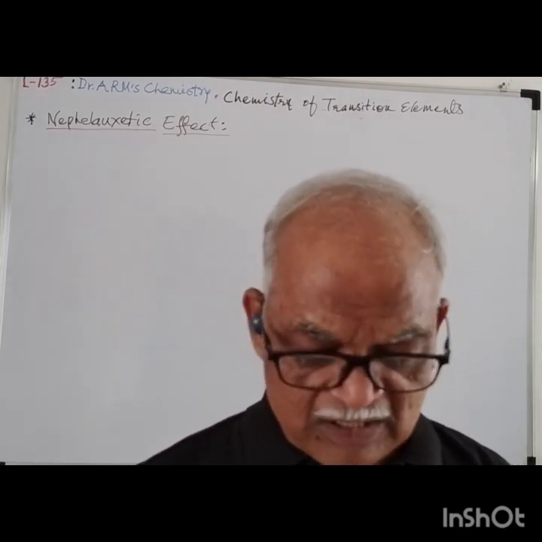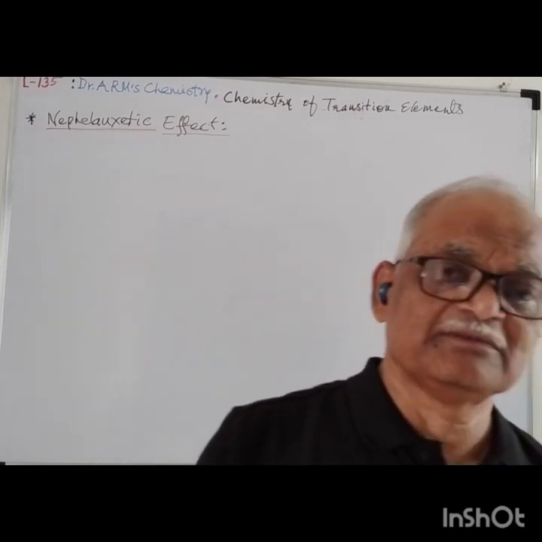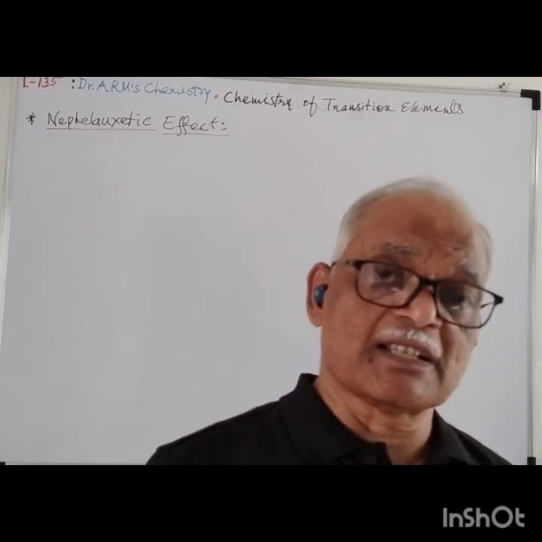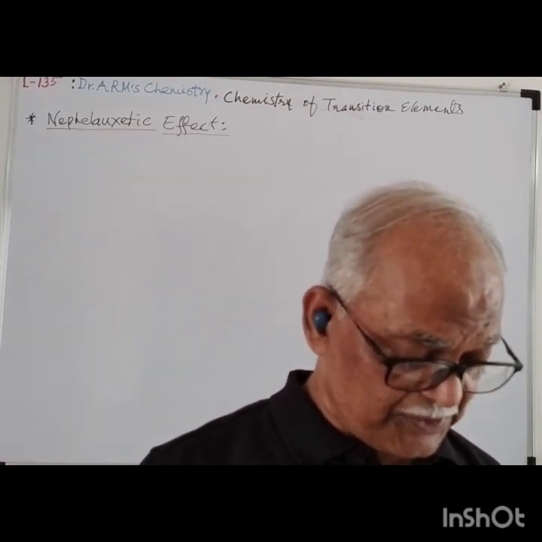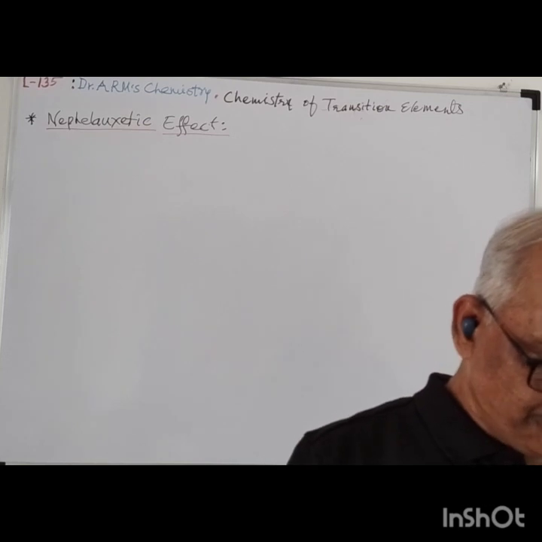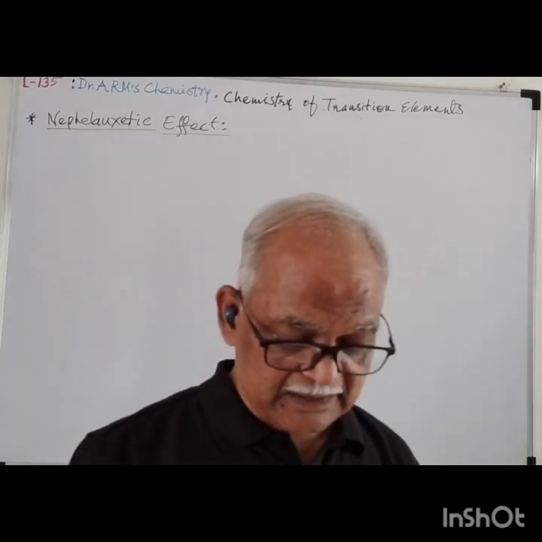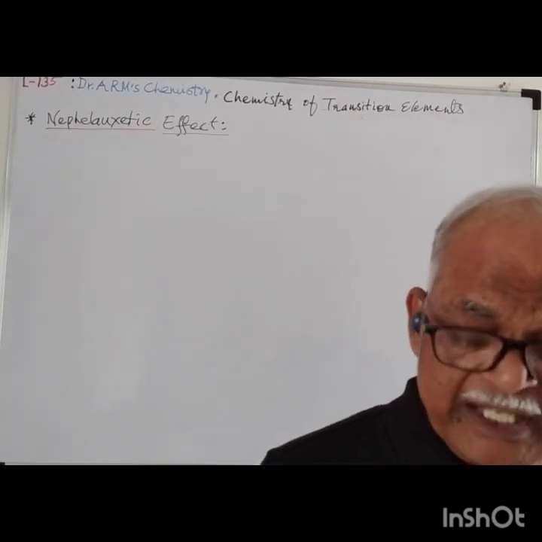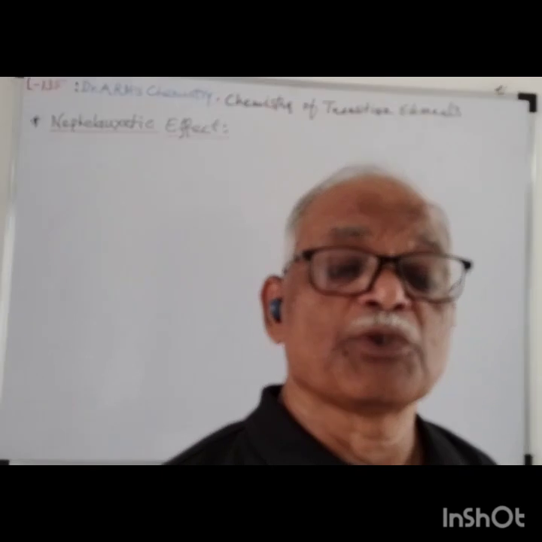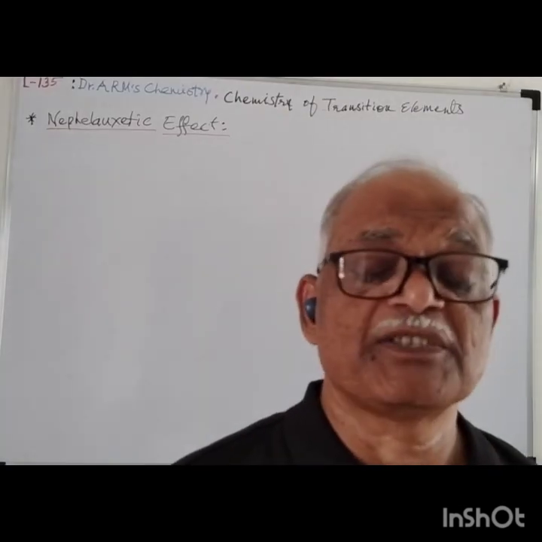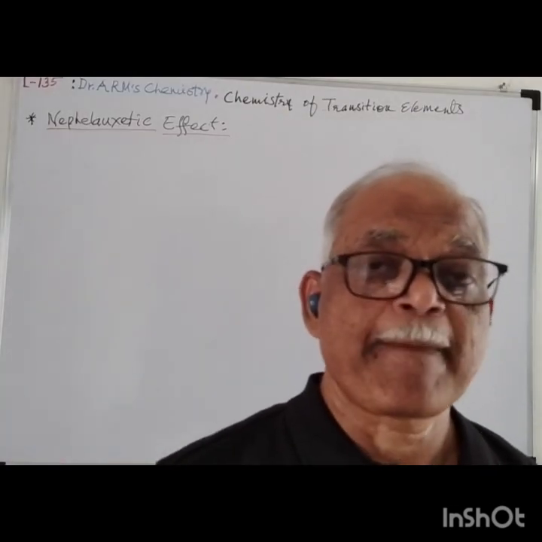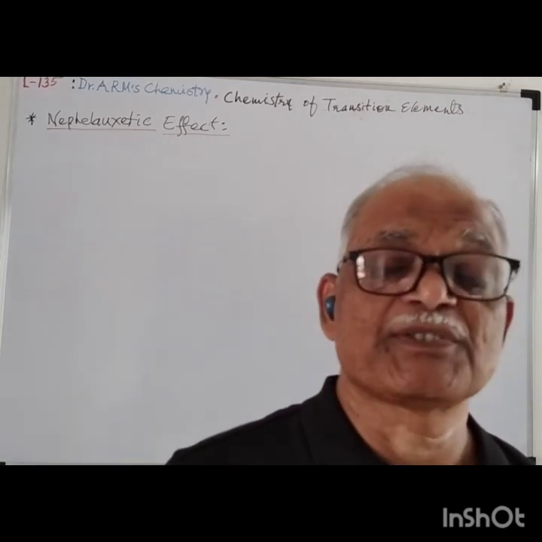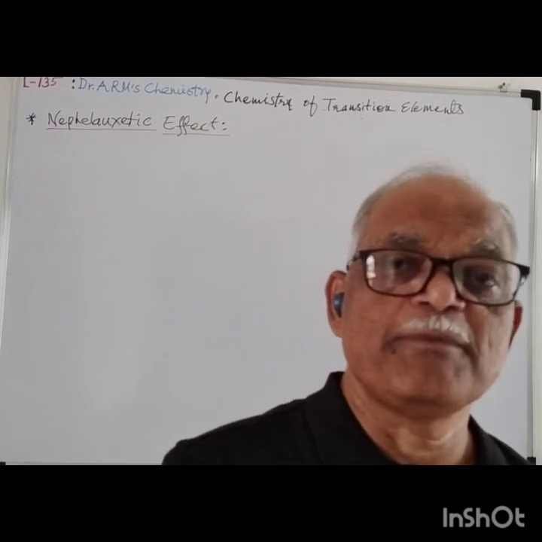If we see the consequences in the complex, as we have discussed, the space is increased. For example, if we consider ligands such as Cl minus, these ligands show pi bonding with the metal ion, and this provides a larger space for the electrons to undergo pairing.